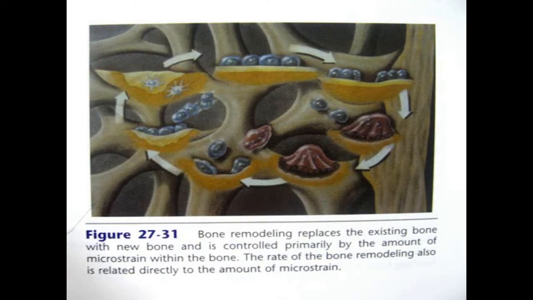So according to Wolff's law, bone responds and remodels in relationship to the forces upon it, and this is directly related to the amount of microstrain. That is, bone remodeling replaces the existing bone with new bone, which is controlled primarily by the amount of microstrain within the bone.